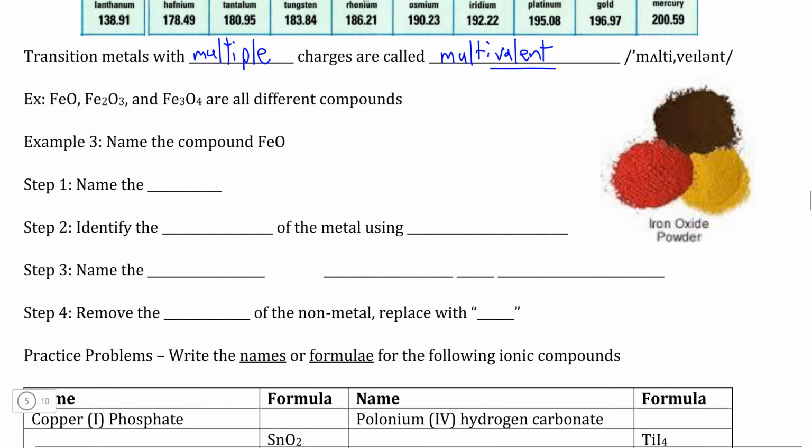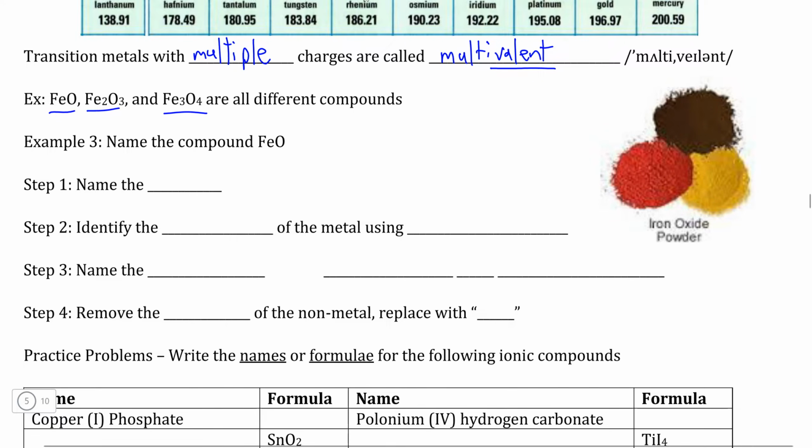Just to prove that different compounds exist with the same transition metal, we can see the chemical formulas FeO, Fe2O3, and Fe3O4 all contain iron and oxygen, and we can see that all 3 of these ionic compounds involving just iron and oxygen look very different as well.